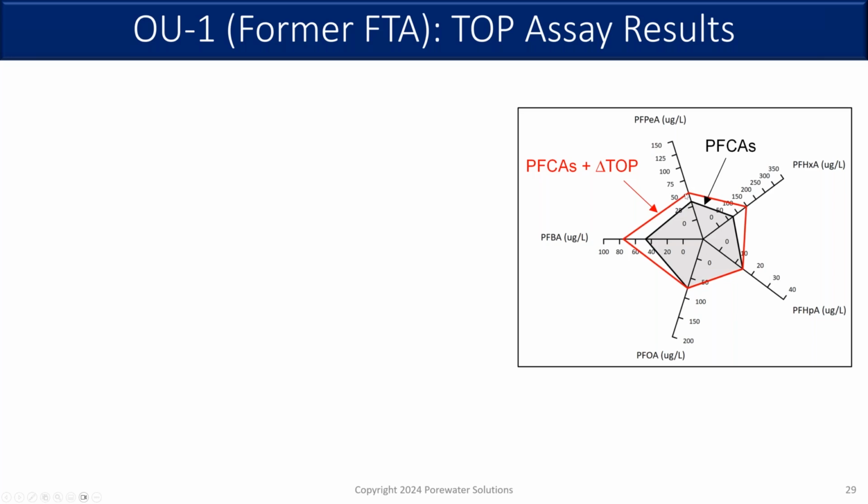Same with PFPeA, there was an increase. PFHxA almost tripled, and there was no increase for the long chains, PFHpA and PFOA. So that's telling us, yeah, there's a lot of precursors there that when oxidized will go to the short chain compounds, but there were no precursors oxidized that went to the long chain, at least not at this well.